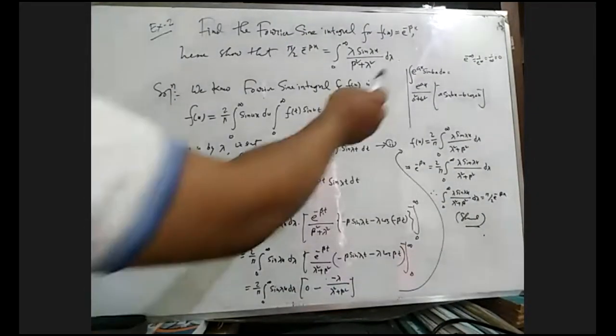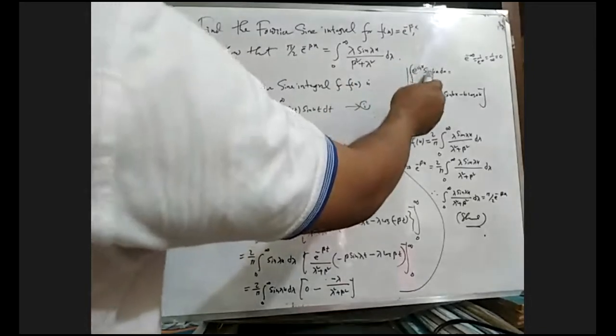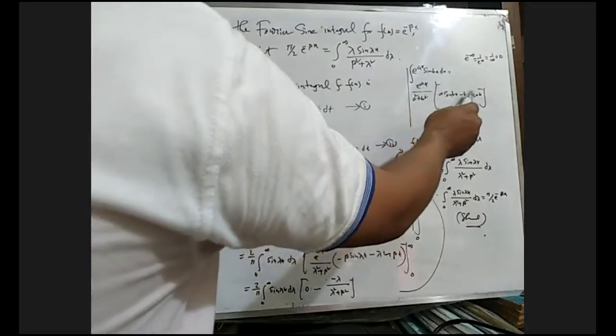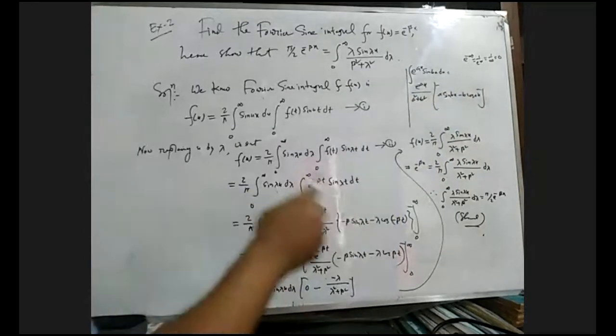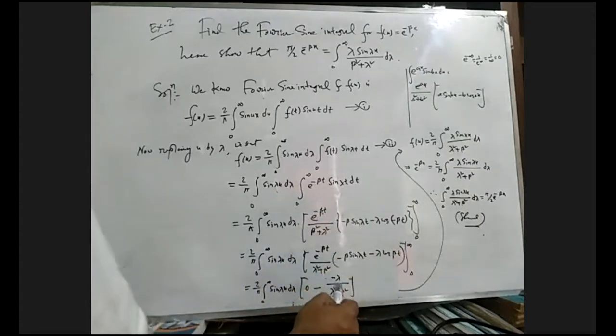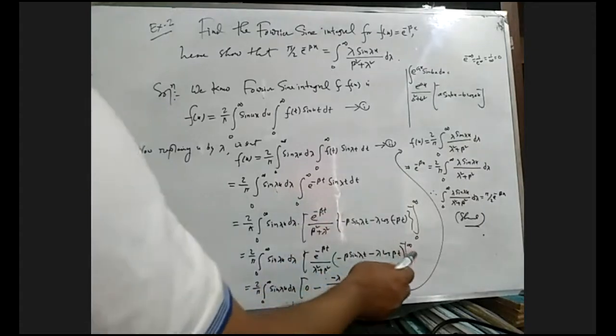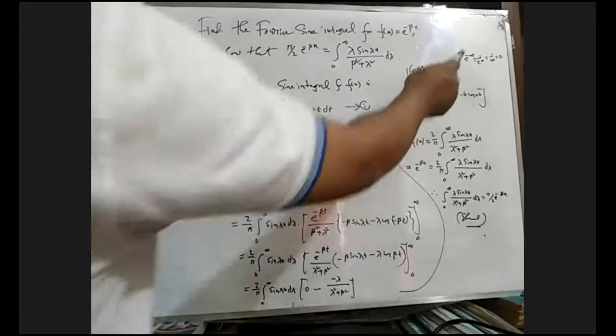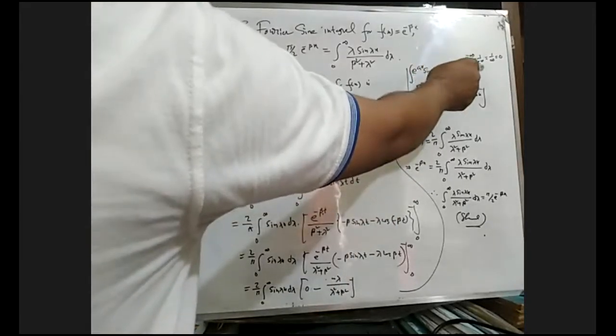Remember it: the integration of e to the power ax sin bx dx will be e to the power ax divided by a square plus b square times (a sin bx minus b cos bx). Just using this integration here and putting upper limit minus lower limit. Upper limit t equals to infinity: e to the power minus infinity means 1 by e to the power infinity, which is 1 by infinity, which means 0.